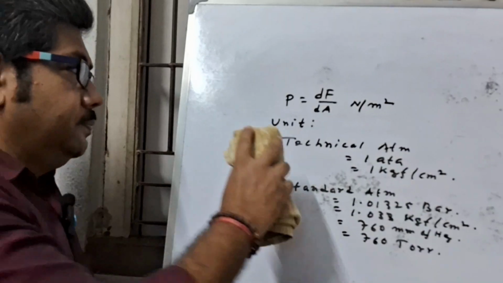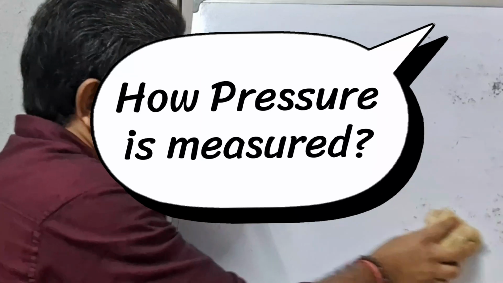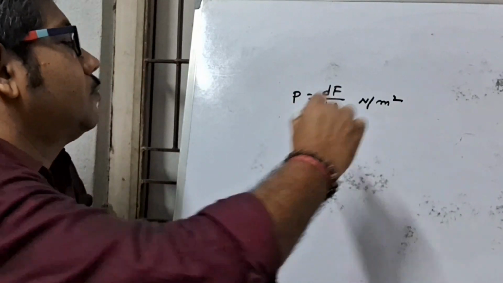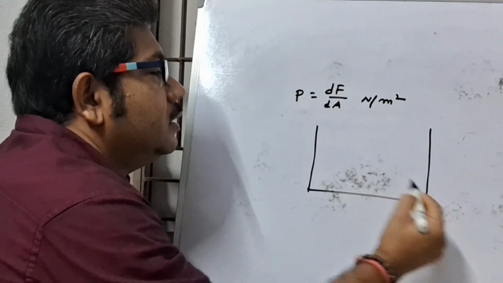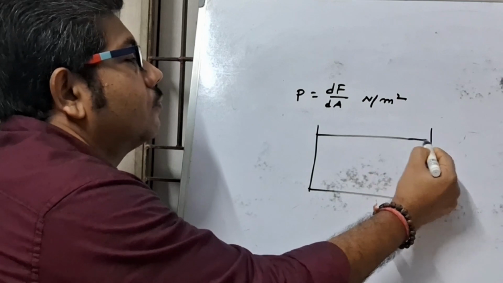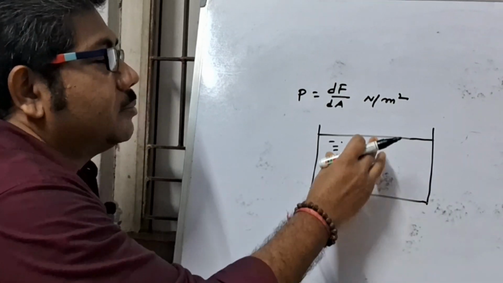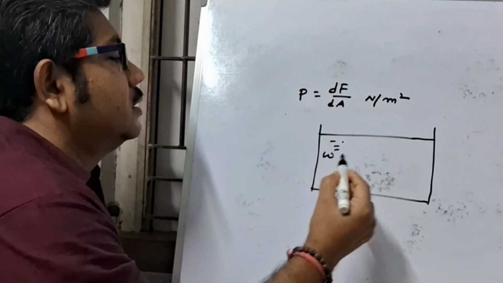Now how pressure is measured, that means measurement of pressure. Consider a reservoir and there is some liquid of a specific weight omega.